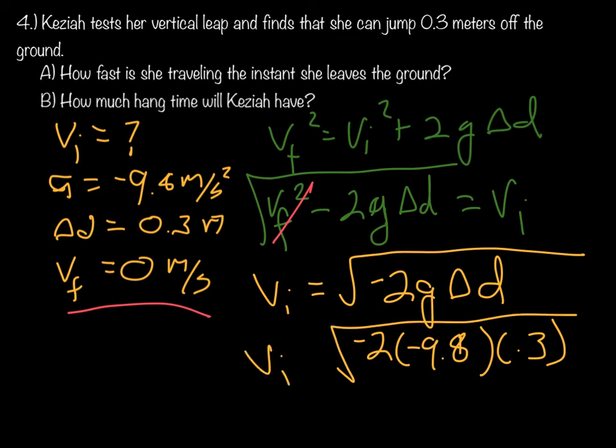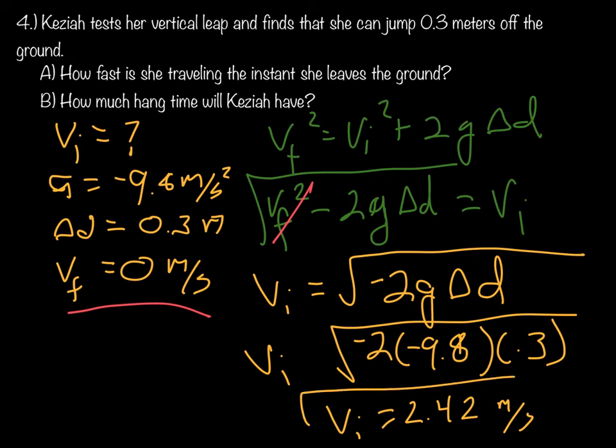Let's put that in our calculator. And we get an answer of Vi equaling 2.42 meters per second. Okay, so that is our answer for our initial velocity.